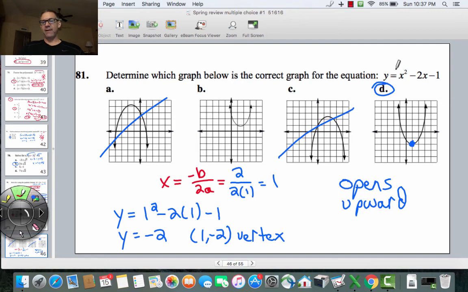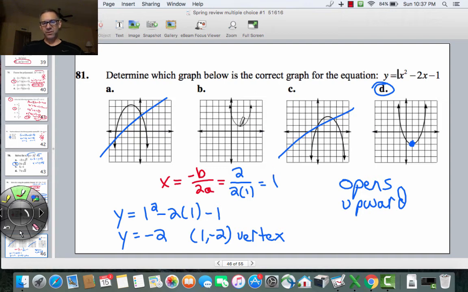The correct graph, well, this being a positive number, that means it opens upward, so it can't be A and C. So then we want to figure out the axis of symmetry. So we do negative b over 2a. The opposite of b, right now the b is negative 2, so the opposite of that would be 2 over 2 times the a, so 2 times the 1, and that gives us 1.